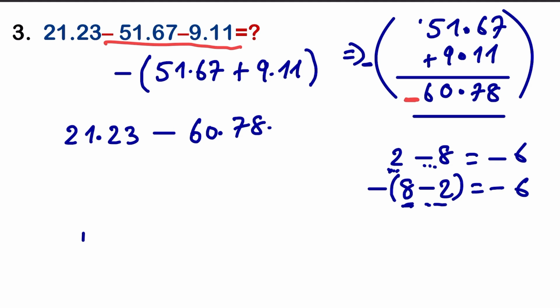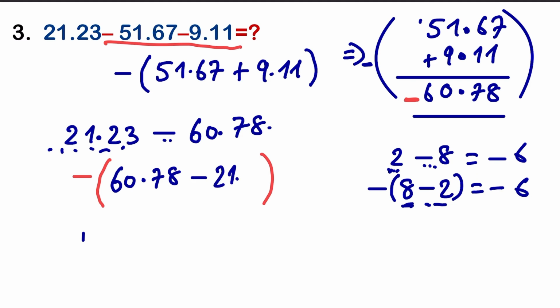So we are going to have our minus bracket. Firstly, this is minus, so it will turn to plus. So we are going to have 60.78. Now this is plus, it will turn to minus, minus 21.23.